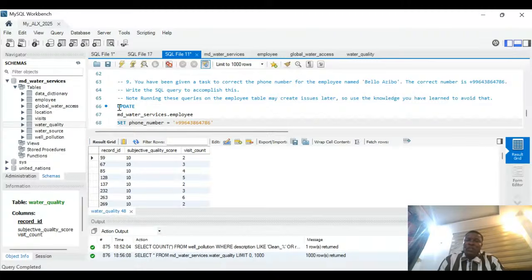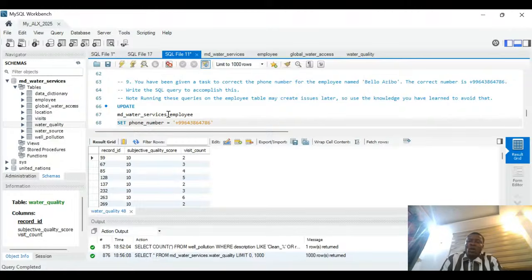So it is always proper that you create a copy of that table, and then with the copy, you can effect this change and see how it goes first before you go to the main database to do that update. But either way, this is the query that can help you to do that update.